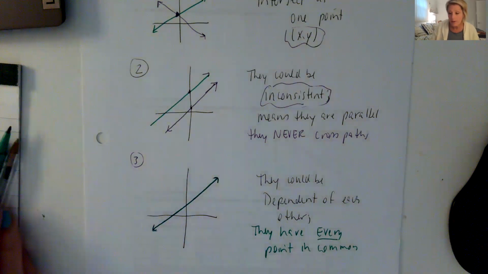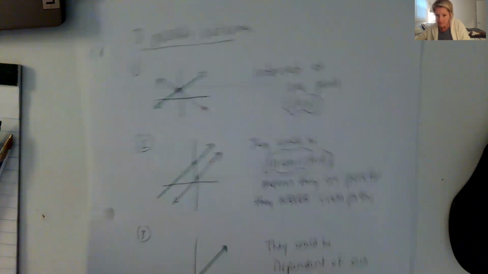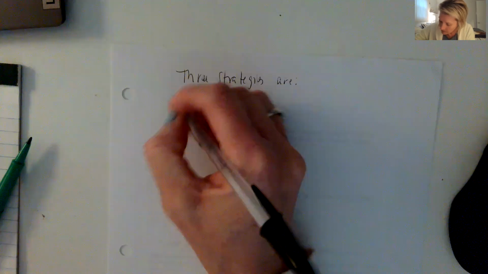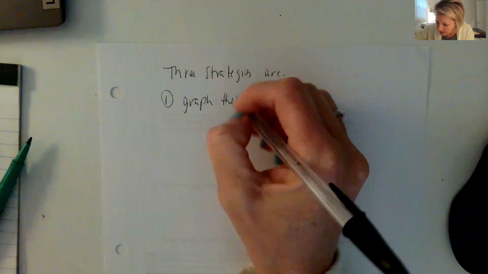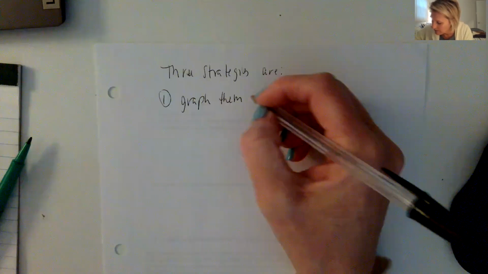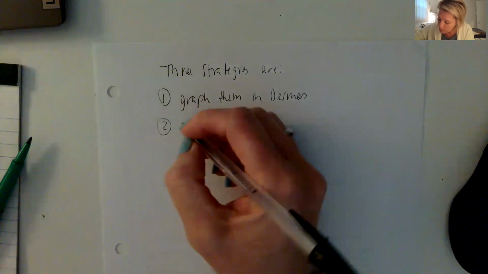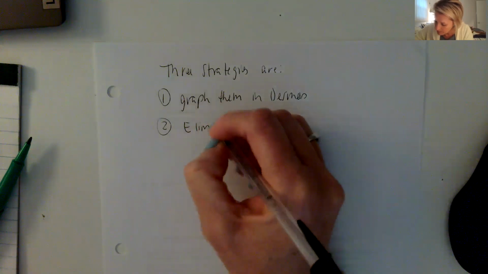There are three strategies that we can use to solve these systems. Our three strategies are: first, we can graph them in Desmos and see. That's always a great way to check. The second is we can use something called elimination.